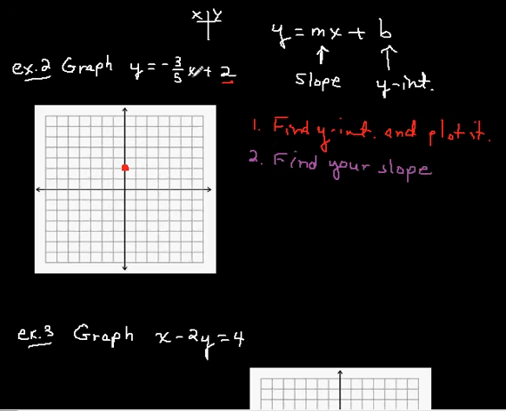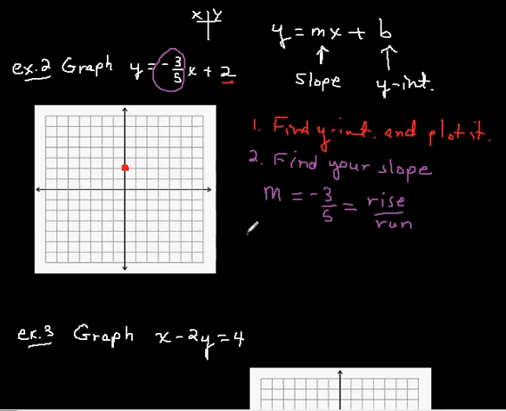So let's find it. There it is. I found it. The slope is -3 over 5. And if you remember from the previous problem, slope is rise over run. So you found your slope.